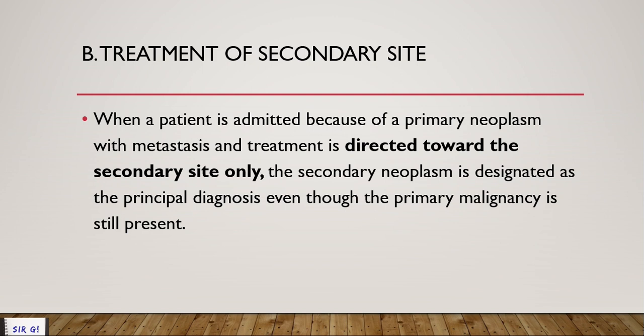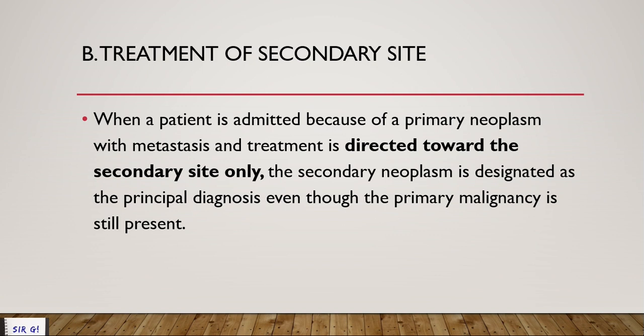So when a patient is admitted because of a primary neoplasm with metastasis, and the treatment is directed toward the secondary site only, the secondary neoplasm is designated as the principal diagnosis even though the primary malignancy is still present. Okay, keep in mind that when the scenario indicates a primary and a secondary malignancy, you need to always have two codes.